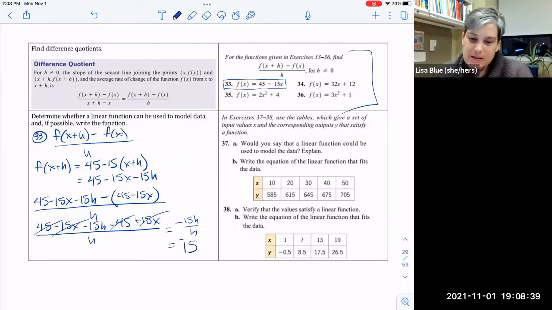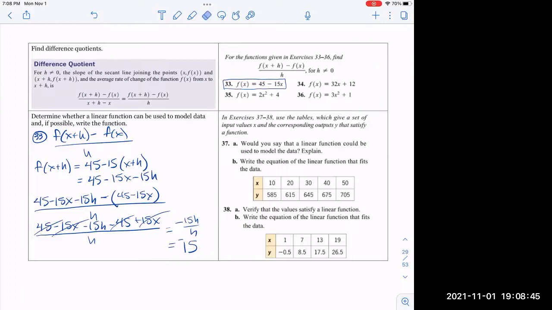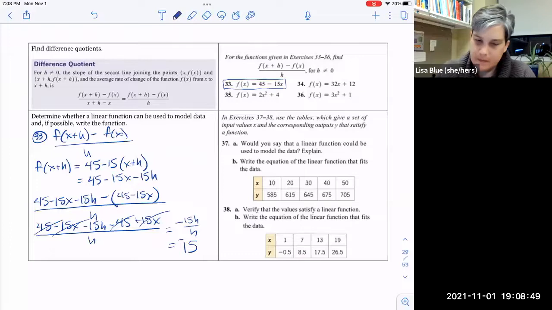All right, so let's see. You want to do 34, 35, or 36? Let's try 34, I guess. Okay. All right. So the key here is just to remember that we've got this format we've got to drop this into.